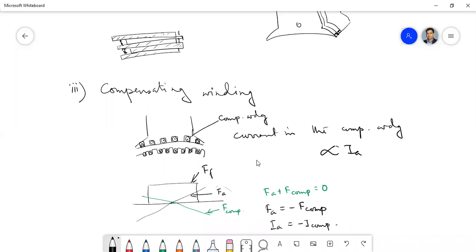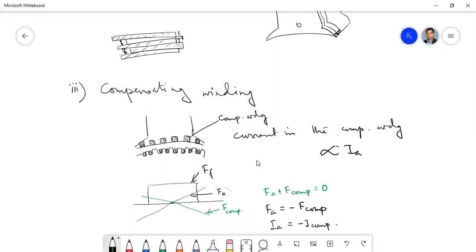So generally, what we do in case of a very large motor, that is some motor which is used in reversing rolling mills. In this kind of large motors, we use compensating winding. Where the armature reaction is very bad, in that case only we can go for this compensating winding, because the design of the compensating winding itself is very complicated.